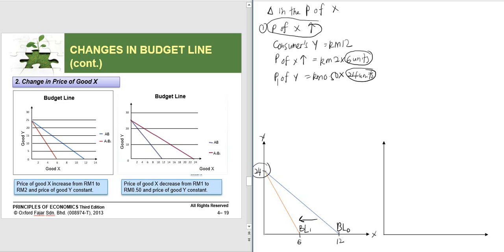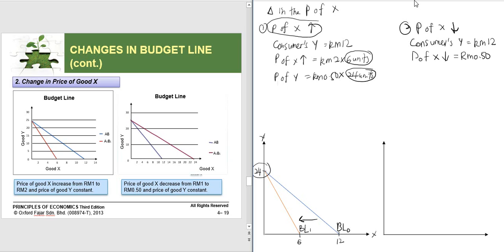Okay, now what happens if the price of good X decreases? Assuming that the income of the consumer is constant and the price of Y is also constant. So the consumer's income is still RM12. The price of X is now decreasing from RM1 to 50 cent.